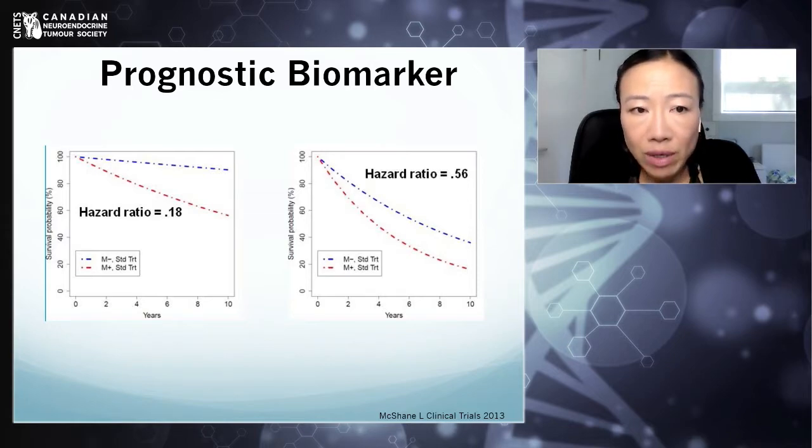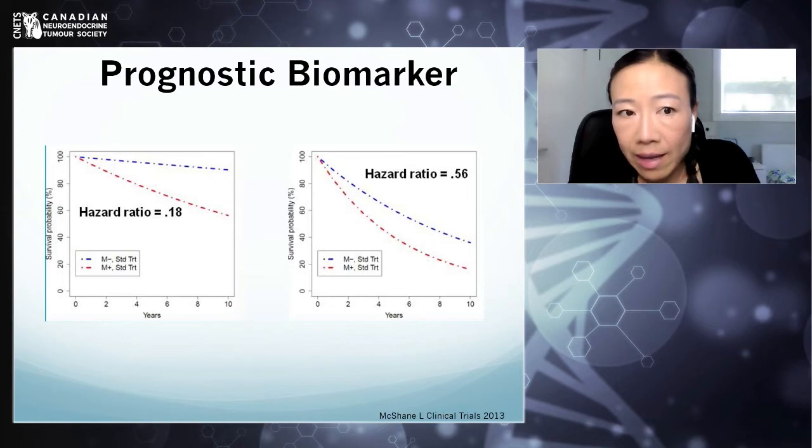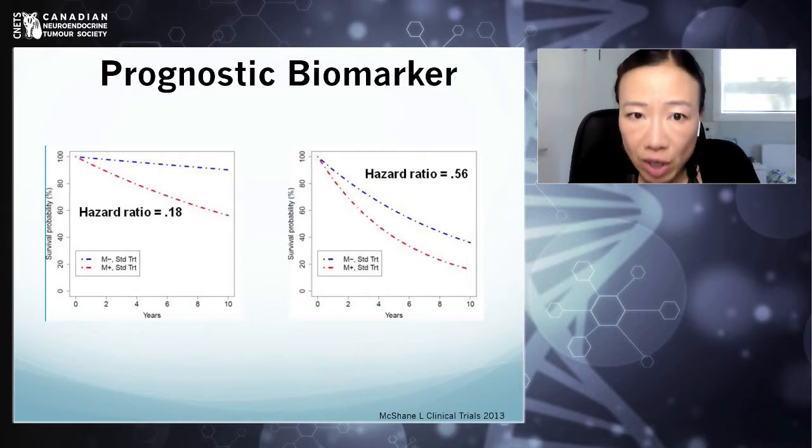Depending on what treatment they have, patients with the biomarker always do poorly. Even though with this treatment the patients may do a little bit better than with that treatment, regardless, these patients will do worse. So this is a prognostic biomarker irrespective of what treatment they have.